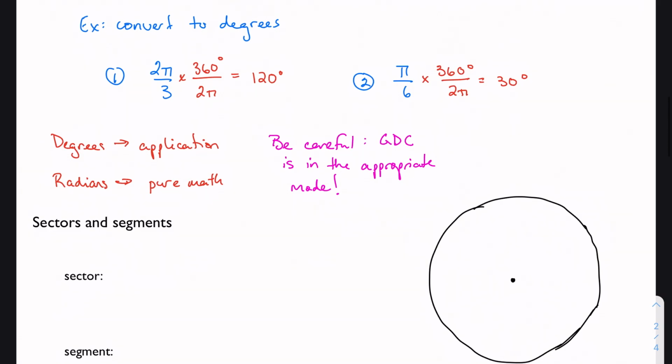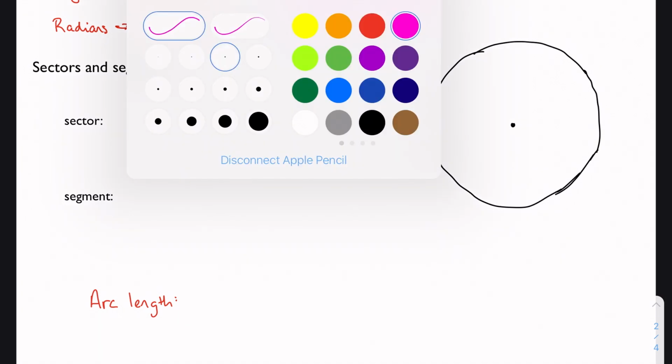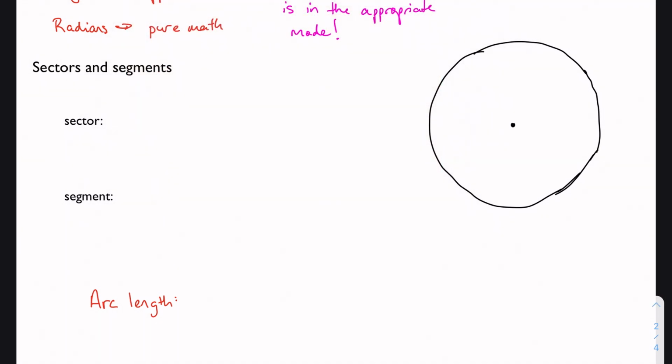So moving on, kind of back to dealing with circles, talking about sectors and segments. Both of these are parts of a larger whole, but a sector is the region enclosed by two radii, two radiuses, radii, and an arc.